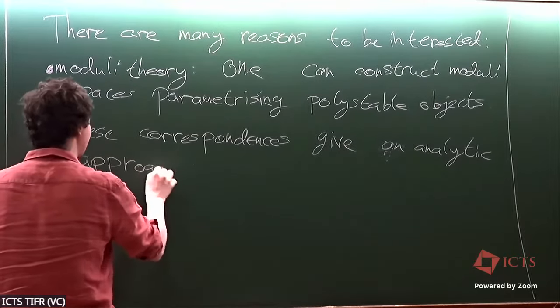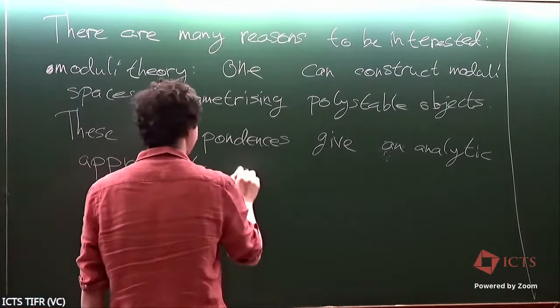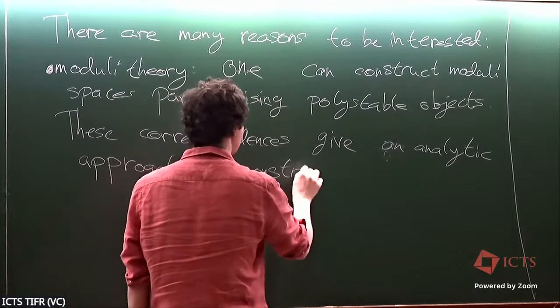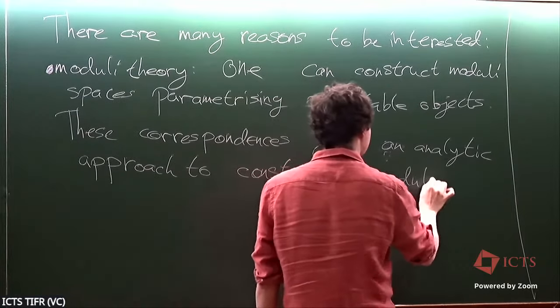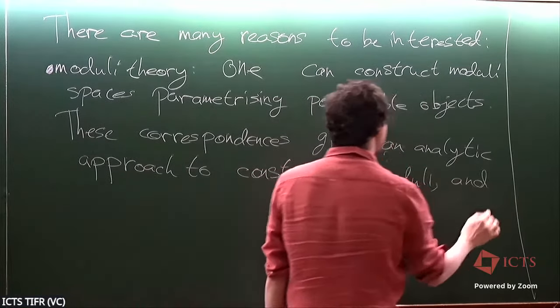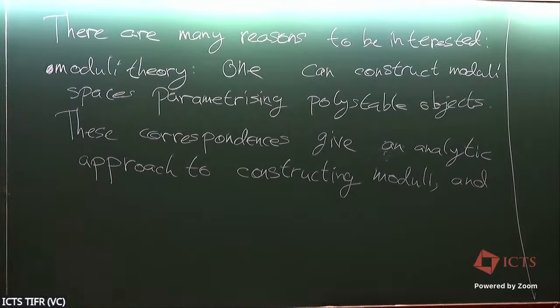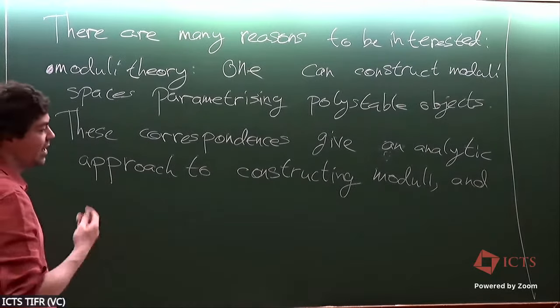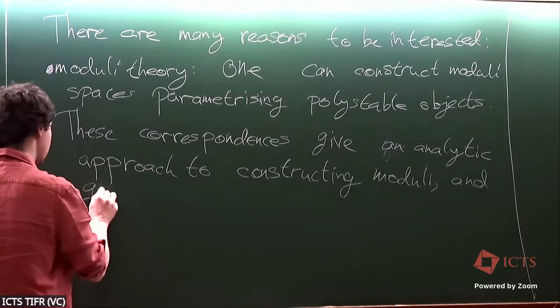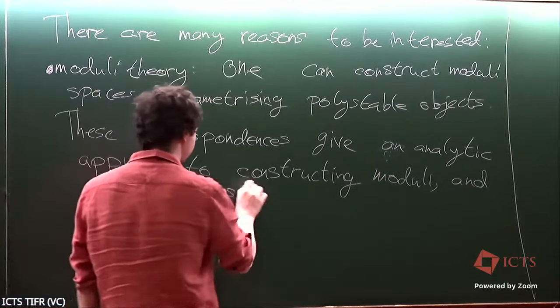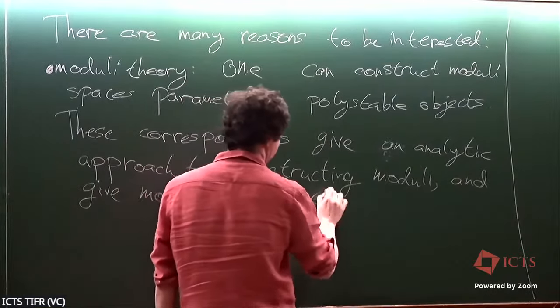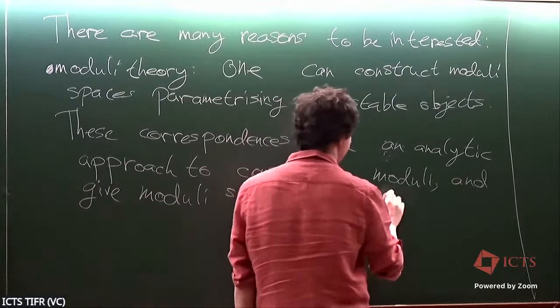So we get an analytic approach to constructing moduli spaces. And in particular, they give these moduli spaces extra structure, analytic structure, for example, natural metric structures. Extra analytic structure.